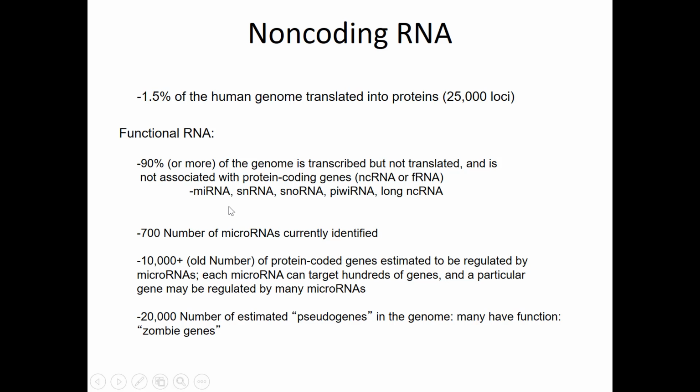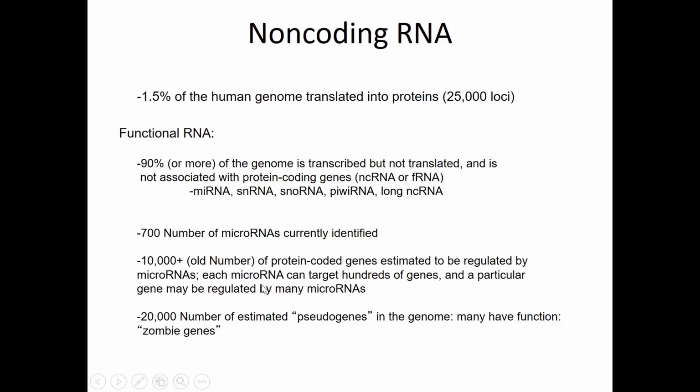And so it becomes part of RNAs that are not coding RNAs: microRNAs, small nuclear RNAs, and a whole suite of other types of RNA that actually regulate which genes get transcribed.